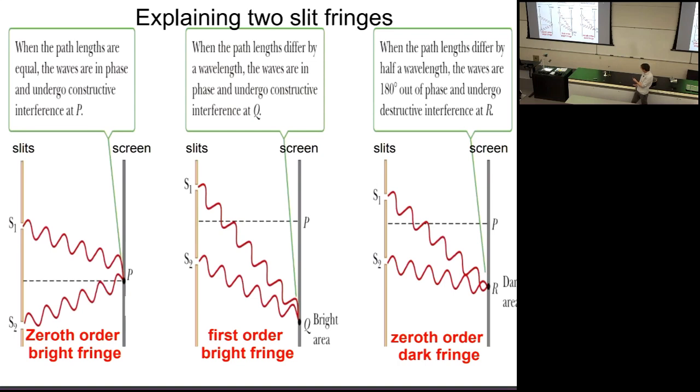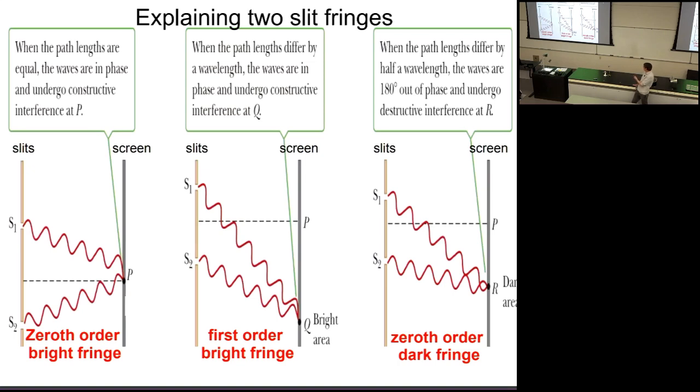It's because if you count the number of crests, there's 6 on this path from the lower slit. There's 7 on this path from the top slit. So this has traveled one extra complete wavelength, which means that they still are in phase with one another. Still crest meets crest, trough meets trough. And so that's the 1st order bright fringe. The path wasn't the same, but the path was one extra wavelength different.